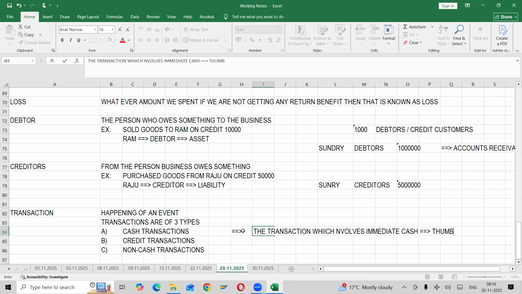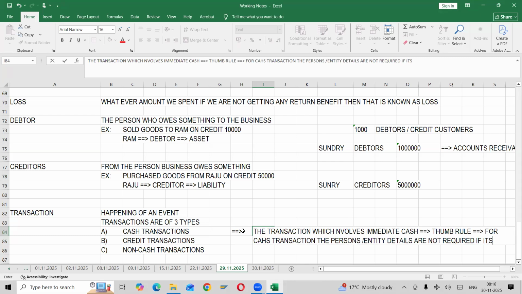Thumb rule. What is the thumb rule? For cash transactions, the persons or entities details are not required.